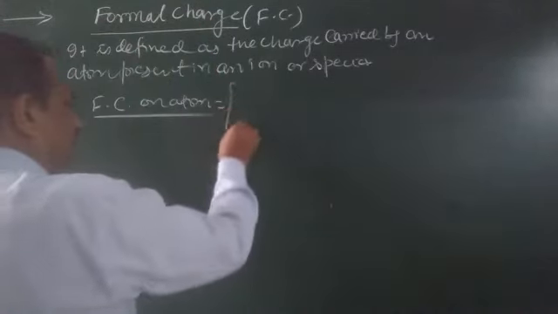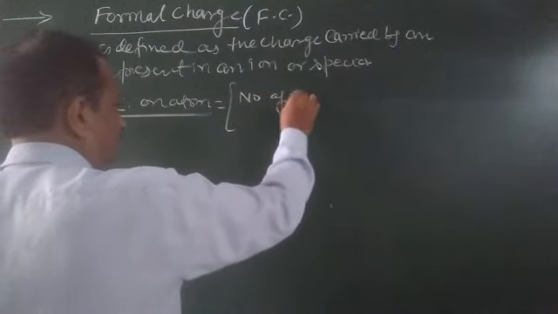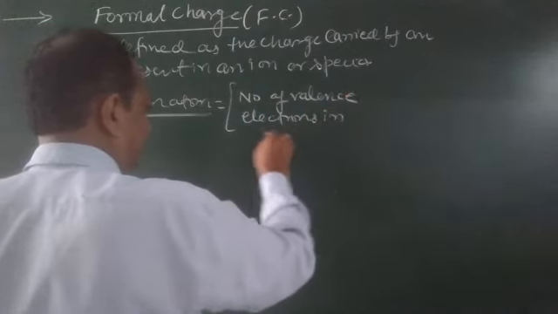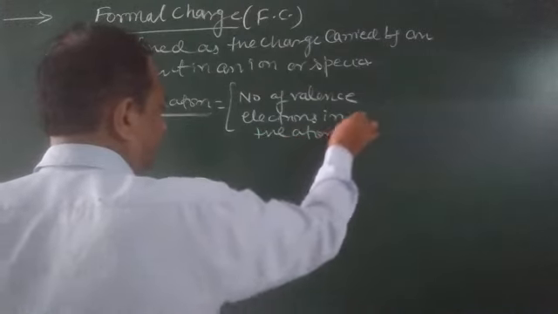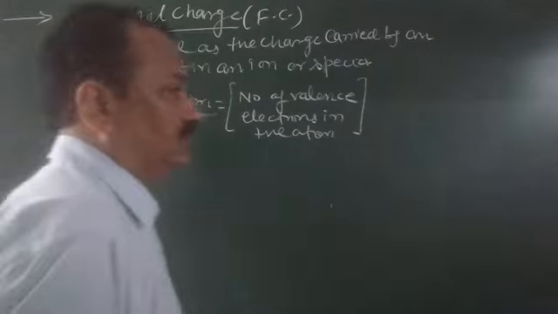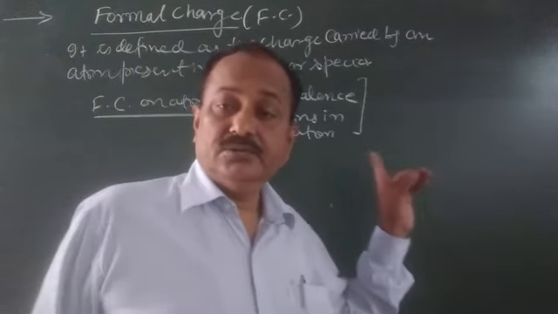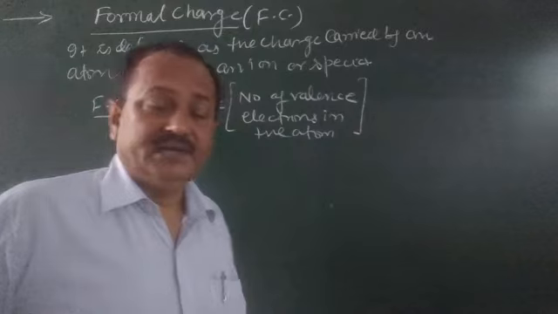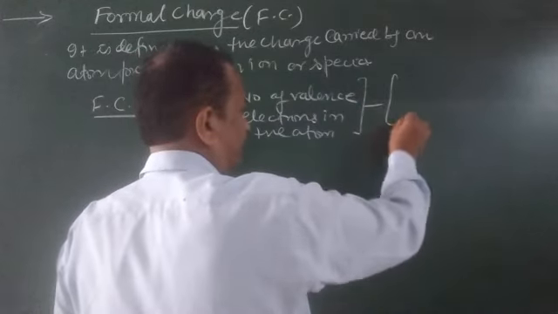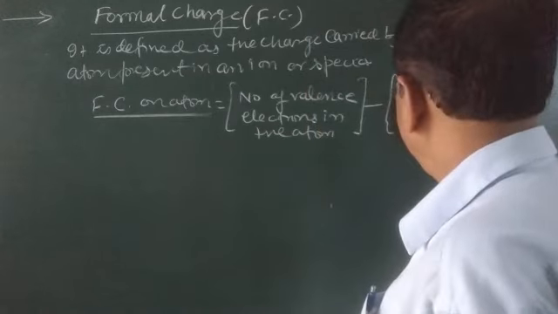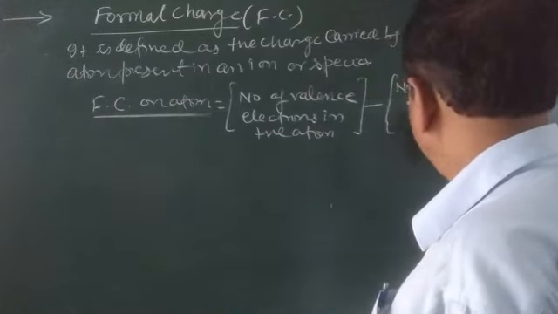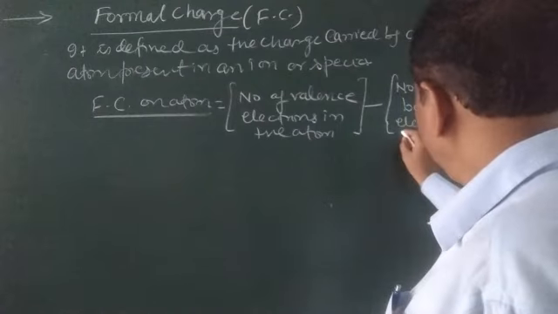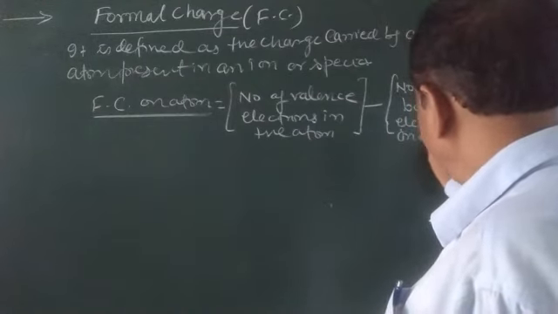It is equal to the number of valence electrons in the atom, in the molecule or ion, minus the number of non-bonded electrons on the atom.